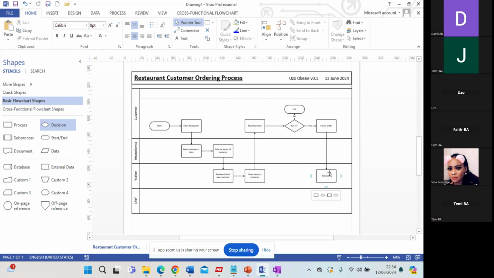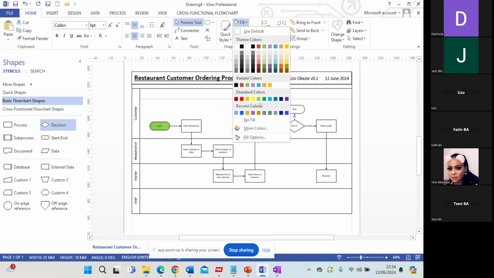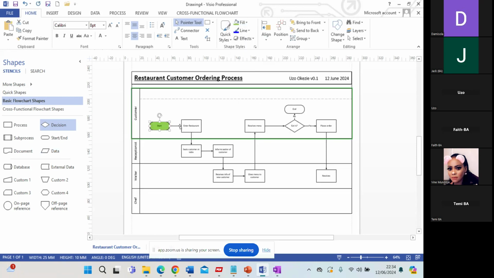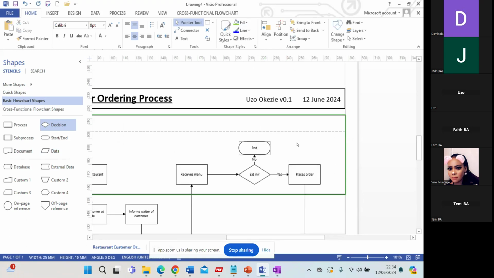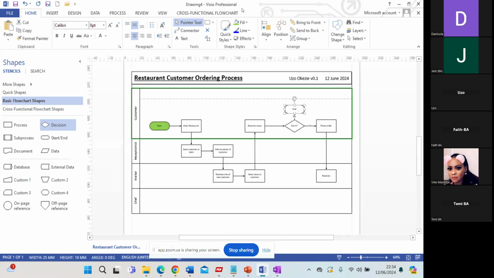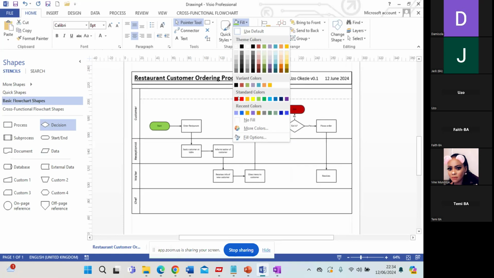But if he says yes, the process continues. And then what people do most of the time is color these boxes. The start is usually green, and the end is usually red.